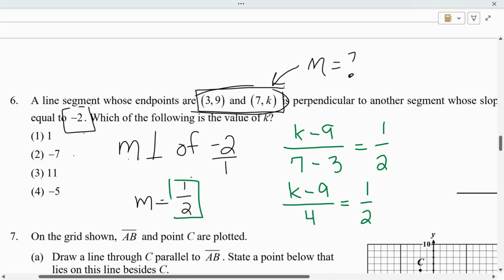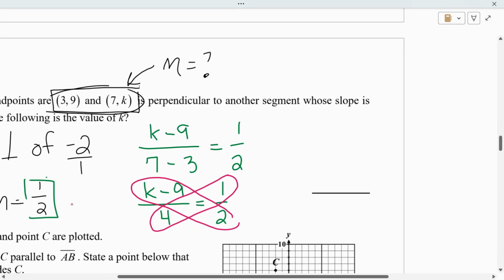All right, so now we can set up, this is just a proportion. So we're going to solve this by doing cross multiply. So 4 times 1 is 4. And 2 times K minus 9 is just that, 2 times K minus 9.